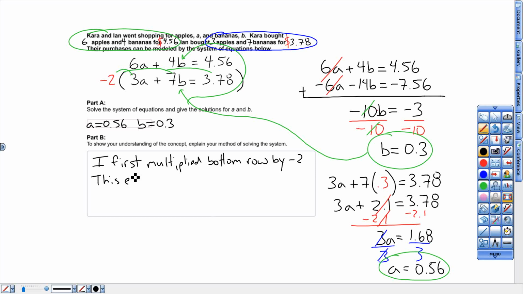This eliminated the A term. I then solve for B, plug it back in, solve for A.